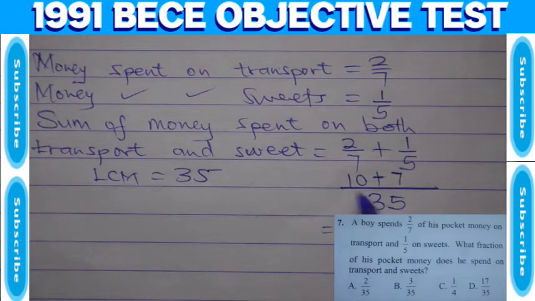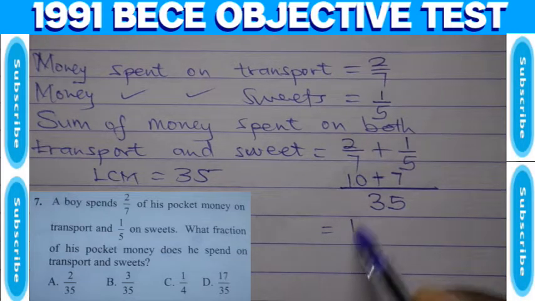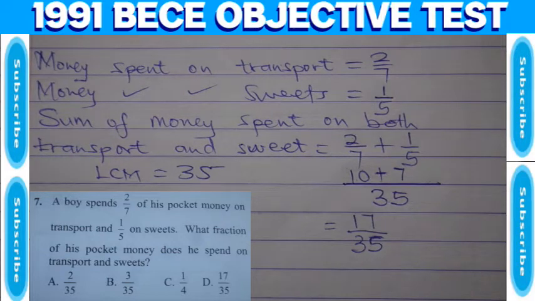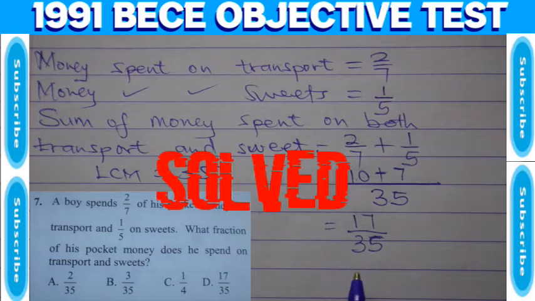Then going forward, 10 plus 7 gives us 17 out of 35. That is the answer to question 7. So the fraction of the sum of money spent on both transport and sweets is equal to 17 out of 35.